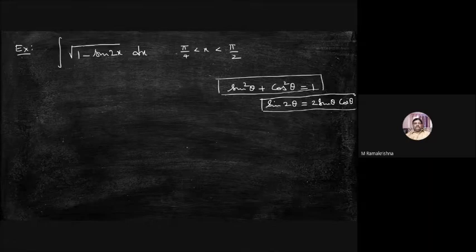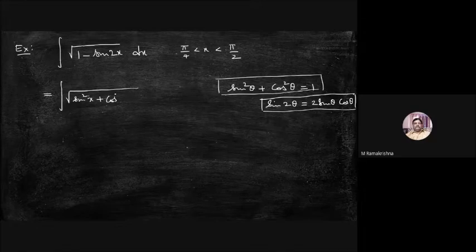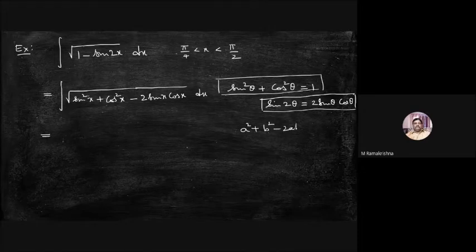Now, in this problem I am replacing 1 with sine square x plus cos square x, minus sine 2x, which is 2 sine x cos x. Now, is it not looking like a square plus b square minus 2ab? What is a square plus b square minus 2ab? It is equal to a minus b whole square.